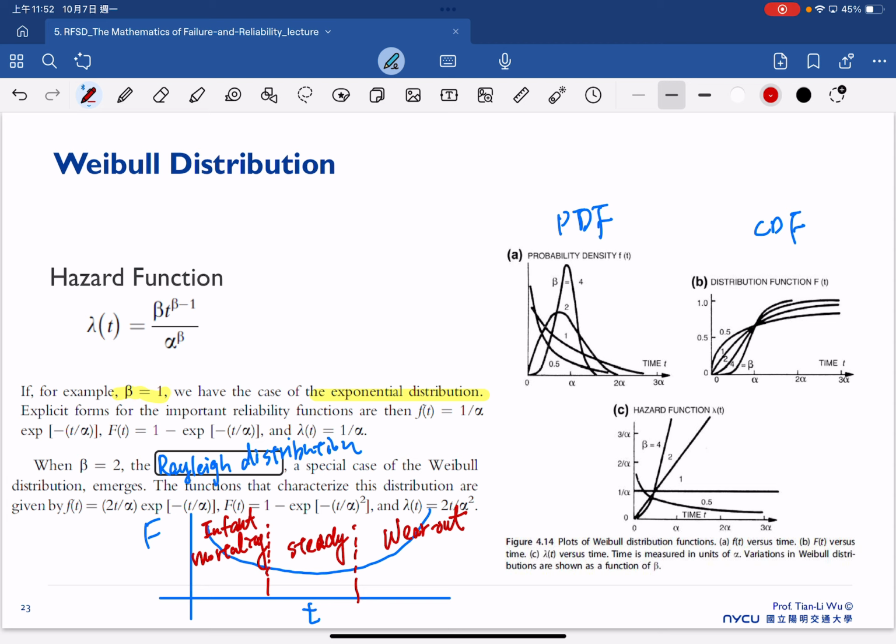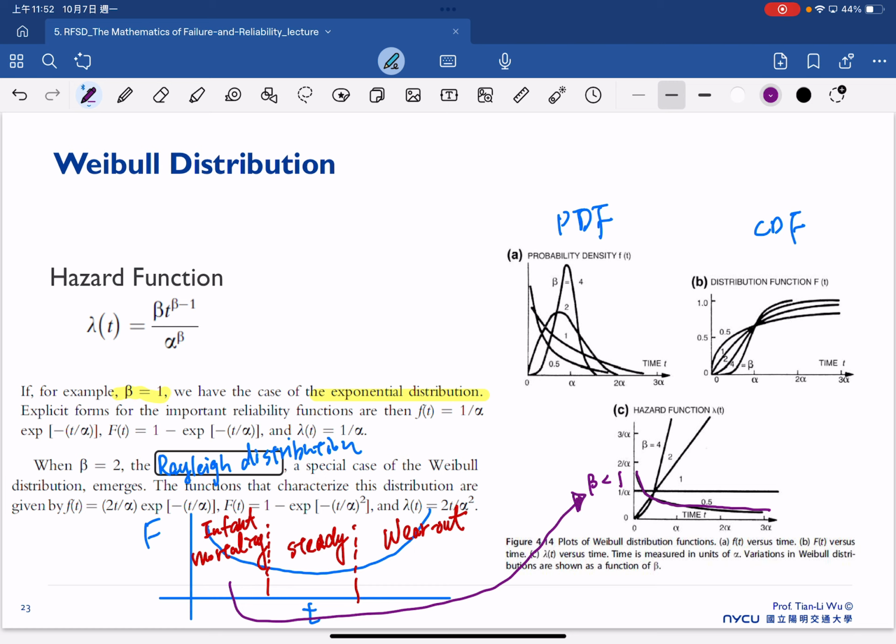If we consider the case when beta is smaller than 1, like here, we can use this to model the infant mortality.